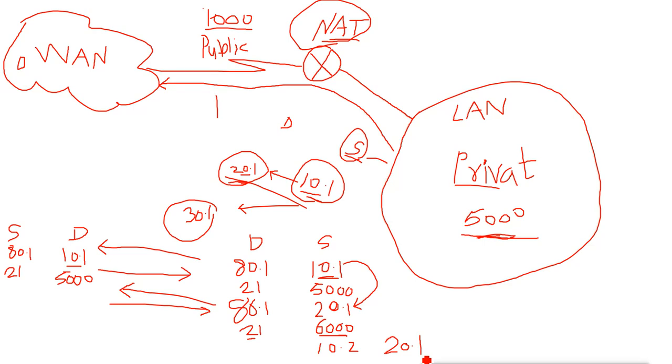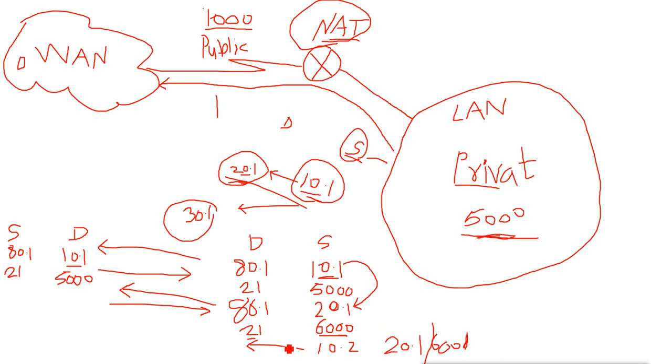But the change it will make is that it will use a different source port, suppose 6001. So when the request goes out, it will use a different source port number. Now remember, the source port is random, so it can choose any port number.